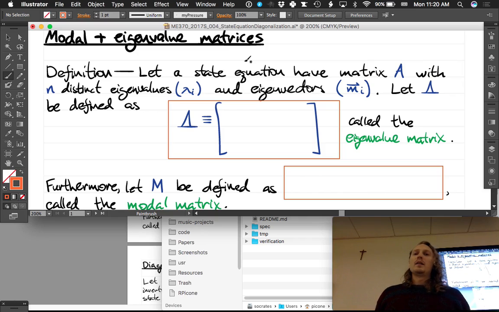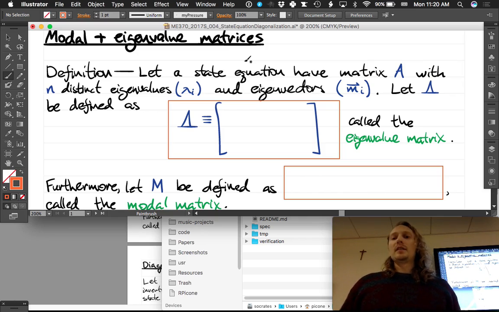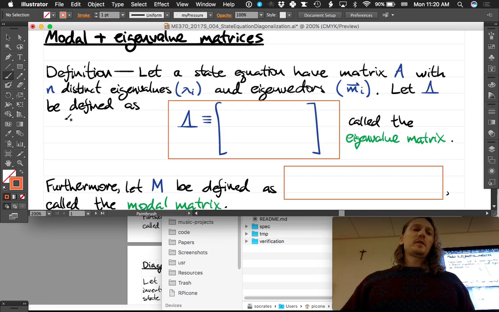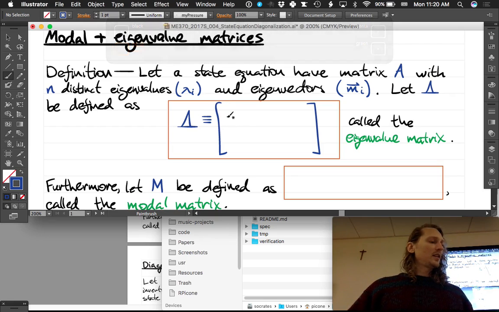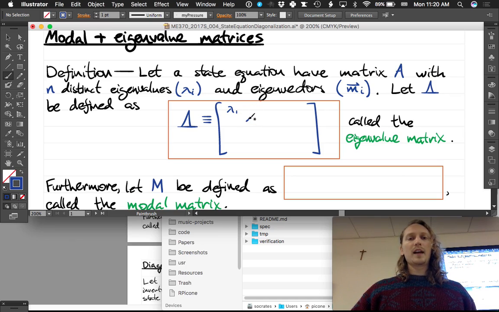Let capital lambda, so this is a big lambda, be defined as a matrix that has the eigenvalues along its diagonal, all the way down to lambda n, and everything else is a 0.